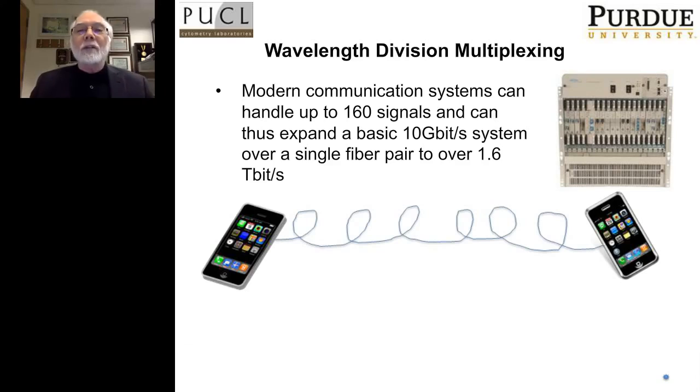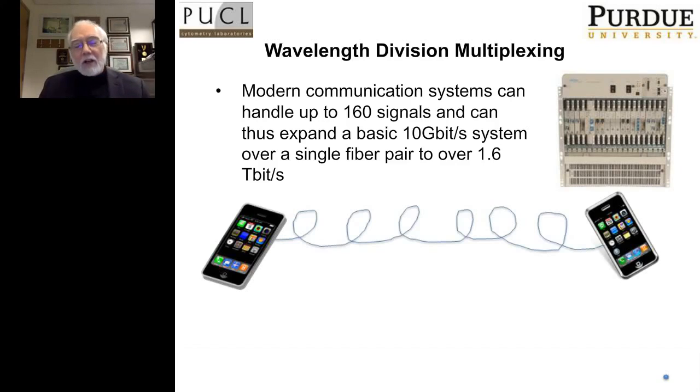I don't suppose a lot of you know what wavelength division multiplexing is, but every single one of you is probably using it on a daily basis and don't really know it. This technology was developed in the telecommunications industry a couple of decades ago.